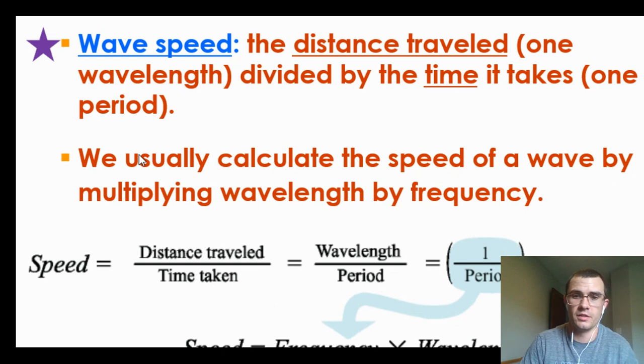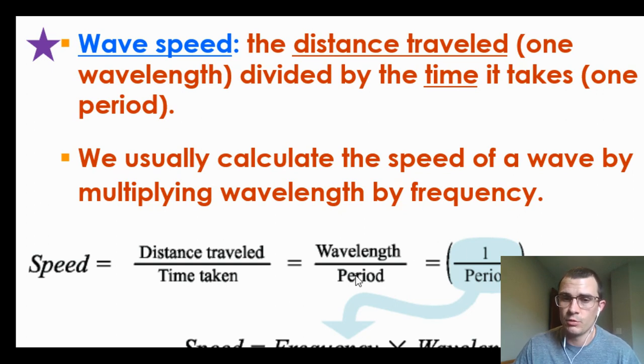So here is the math behind that. We have speed equal to distance divided by time, right? We learned that back in chapter 4. So when we're talking about waves, we change that to wavelength, our distance, divided by period, which is our time. We also learned in 24.1 that frequency is equal to 1 divided by the period.